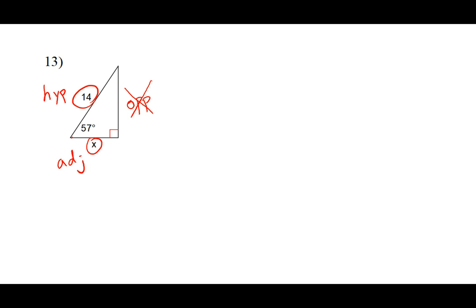Okay, so adjacent and hypotenuse, you need to memorize that that's the cosine, not sine. Sine is opposite over hypotenuse. Cosine is adjacent over hypotenuse. You gotta know those soon. So cosine is what you'll use, and cosine always needs an angle to go with.